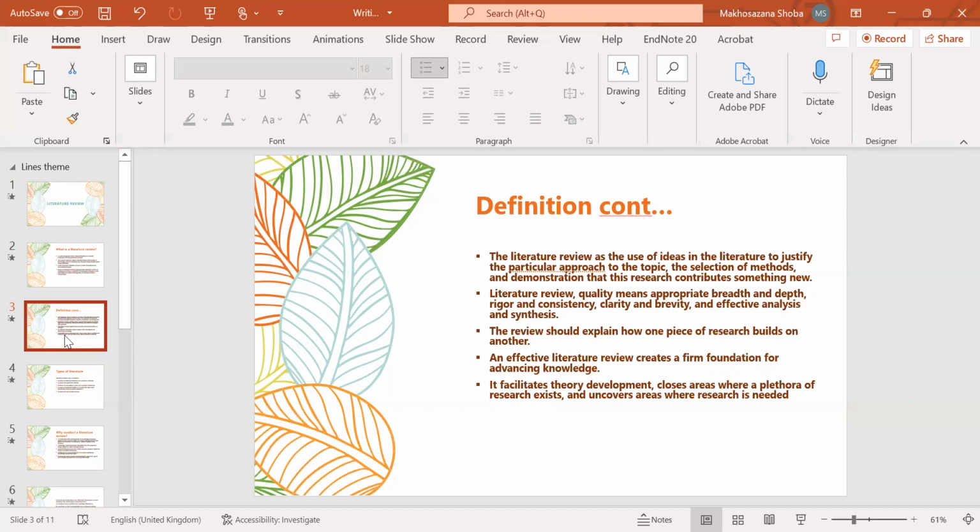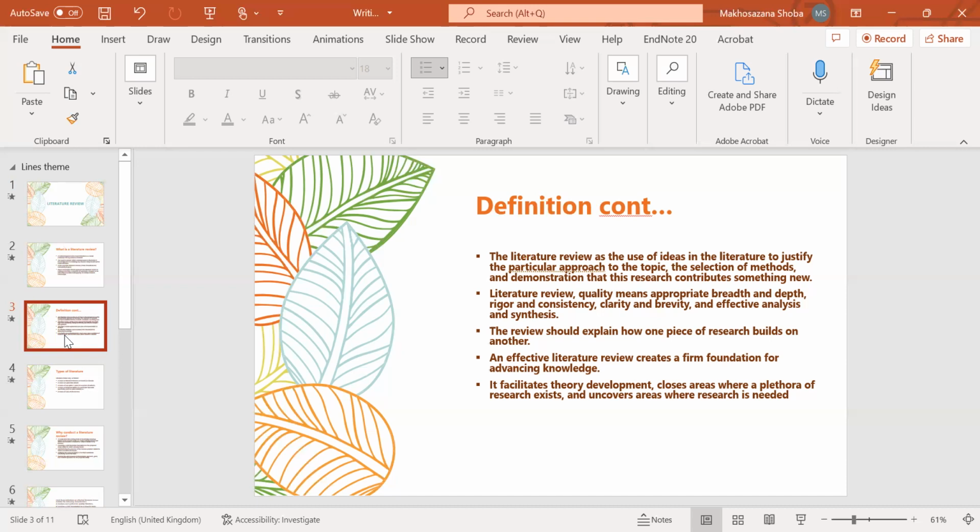So in other words, you are not merely collecting summaries and developing an annotated bibliography, but rather you are engaging with research and ideas to justify the importance of your topic, to justify why you are selecting particular methods, so that you demonstrate to the community in the field you are writing on that this topic is worth pursuing, and that it is contributing something new.